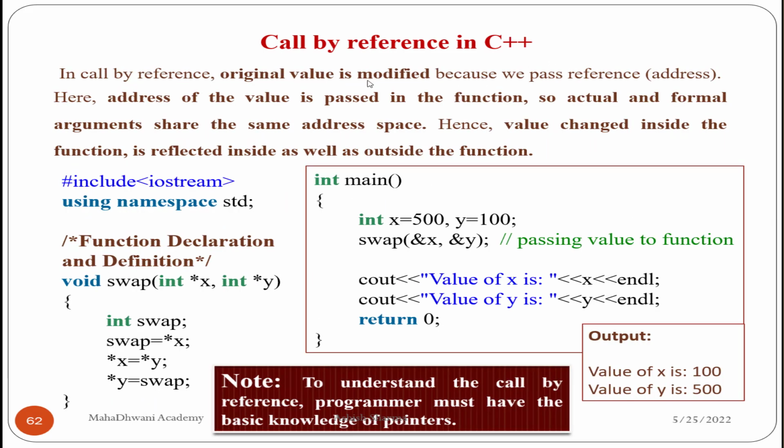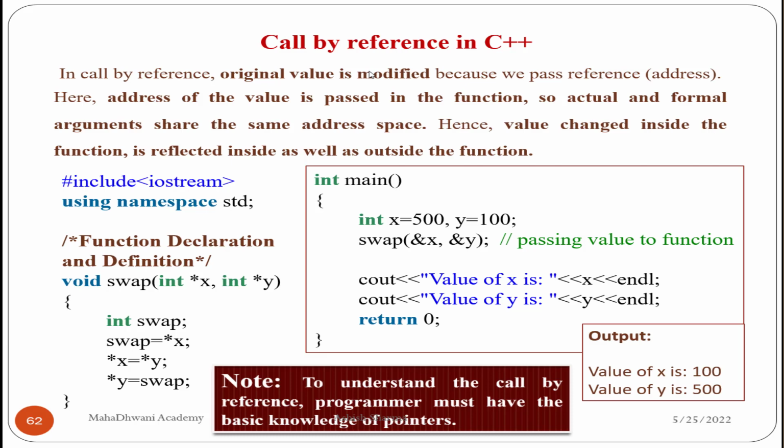Now call by reference. Original value is modified. For call by reference, we should use the concept of pointers. What is the meaning of pointers? Pointers are very helpful for interacting with the memory location of the variable.